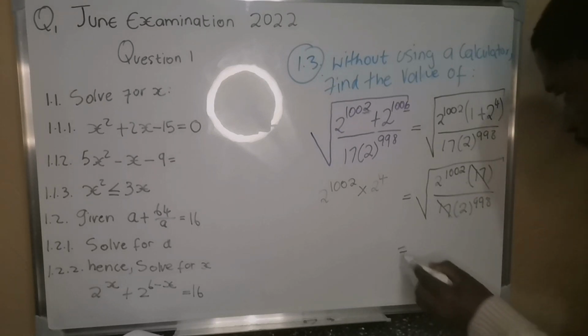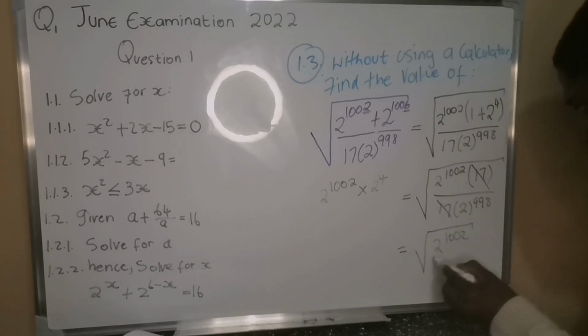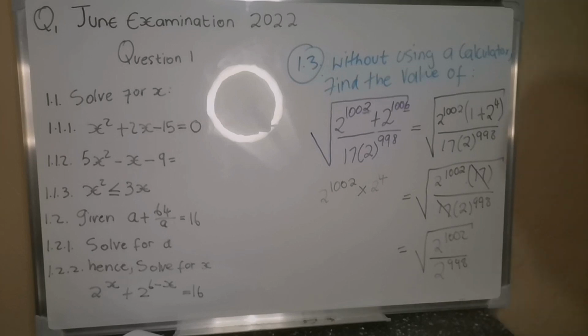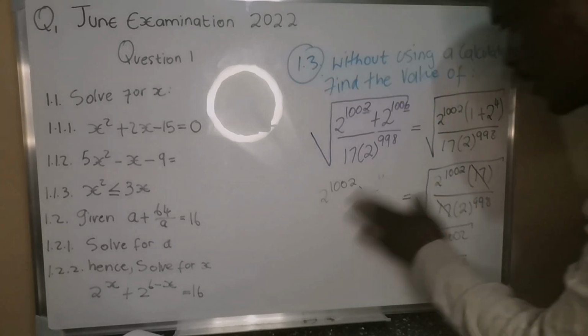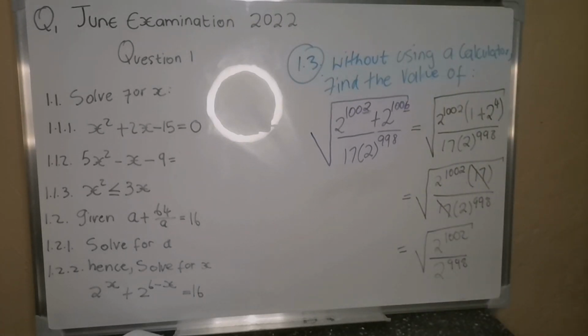Then finally, the square root of 2 to the power 1002, all divided by 2 to the power 998. Therefore, if I continue with this method, I can see that my bases are the same, and I'm dividing here.